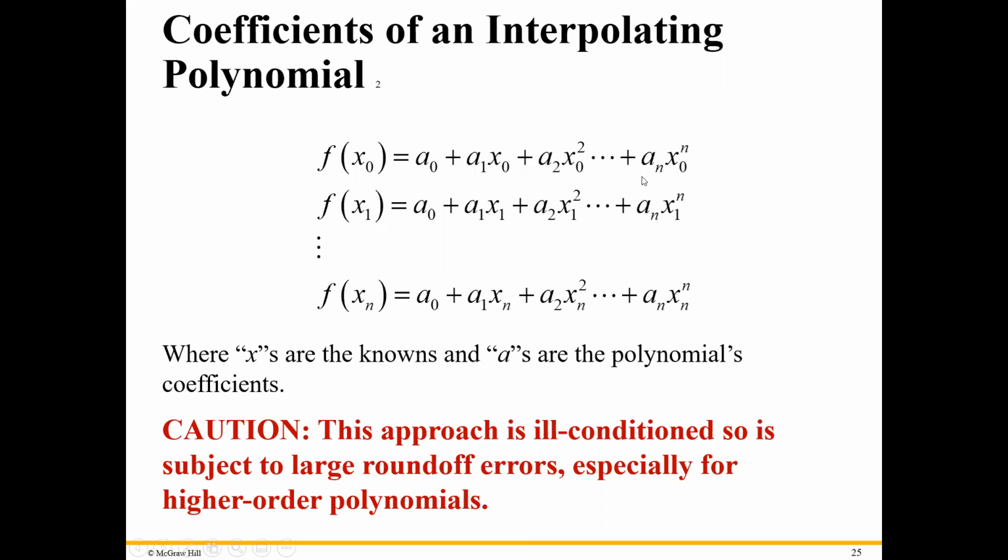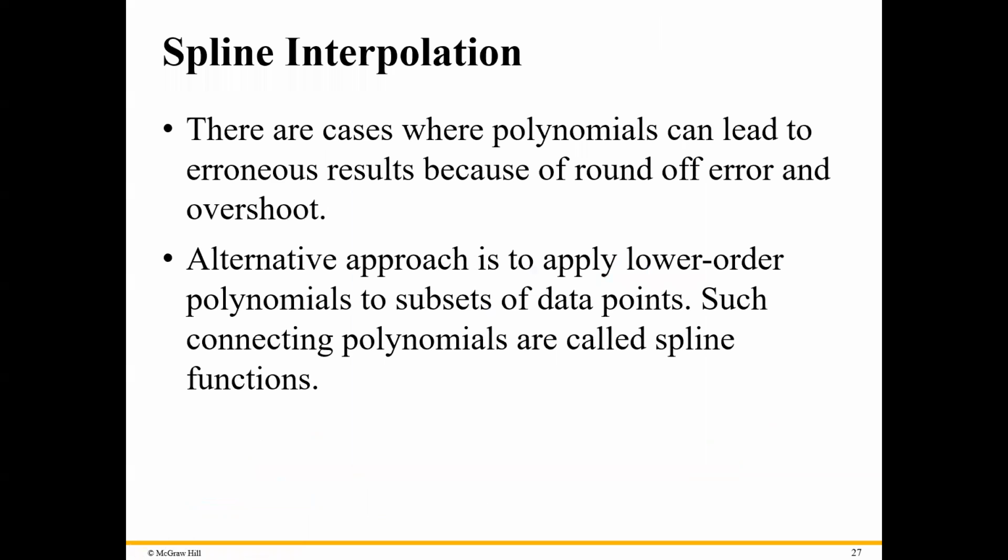So with higher order polynomials, we have a chance of getting errors. In order to reduce those errors, we propose the spline interpolation.